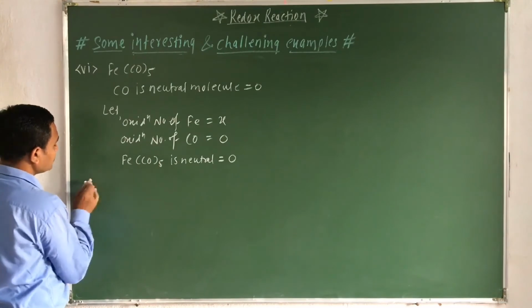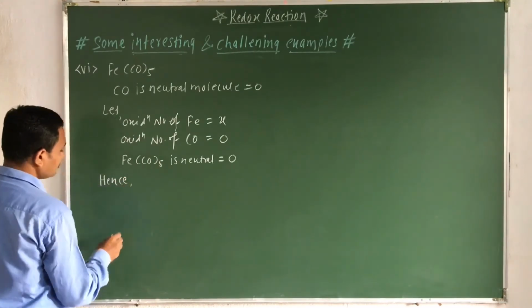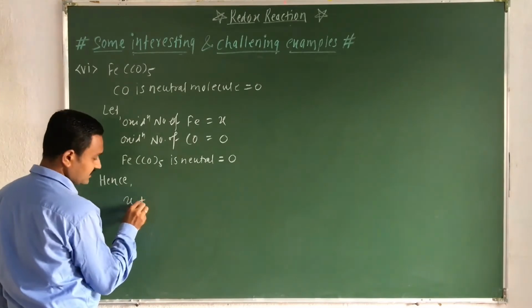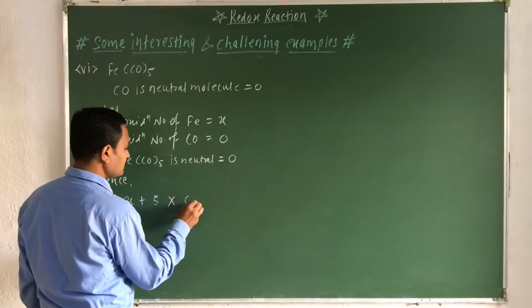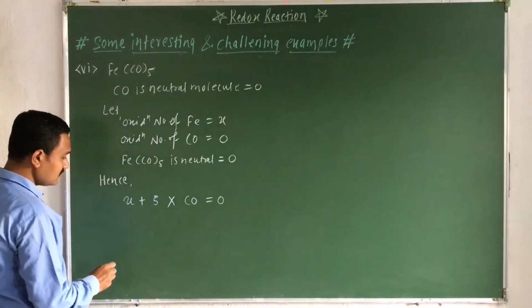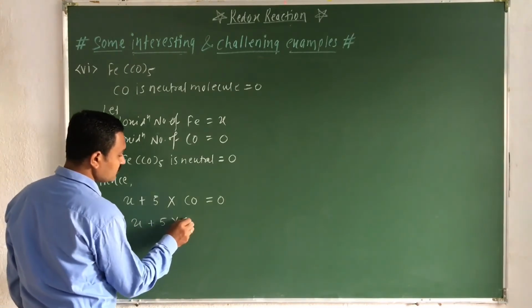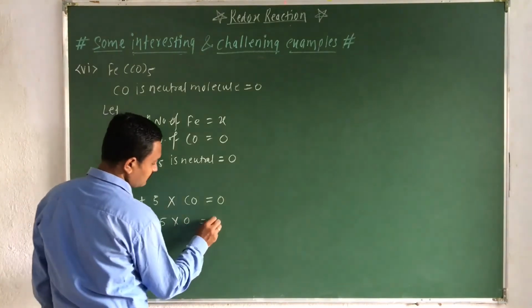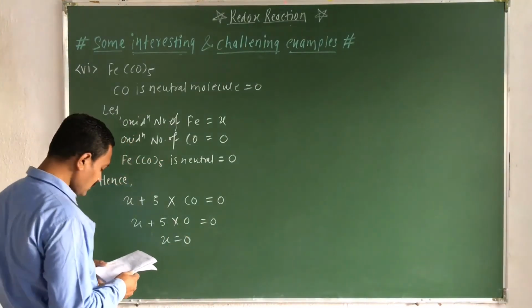Now write down the equation. Hence we can consider the oxidation number of Fe equals X plus 5 into the oxidation number of your carbon monoxide, which is equal to 0. Therefore X plus 5 into 0 is equal to 0. Therefore X will be equal to 0. Is it right?